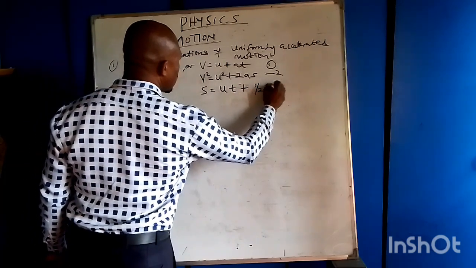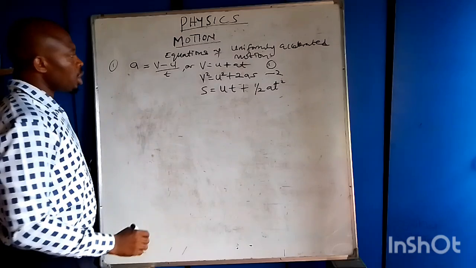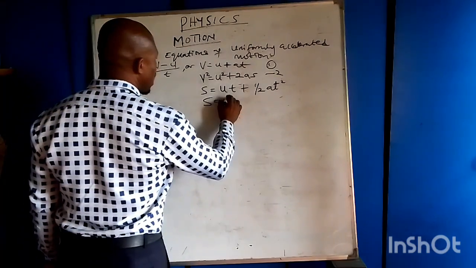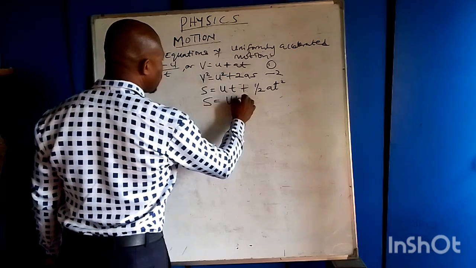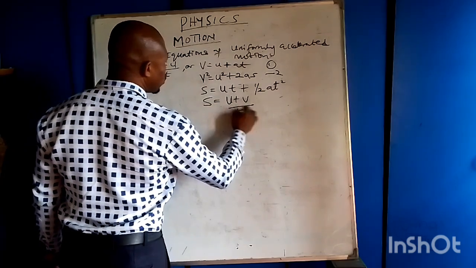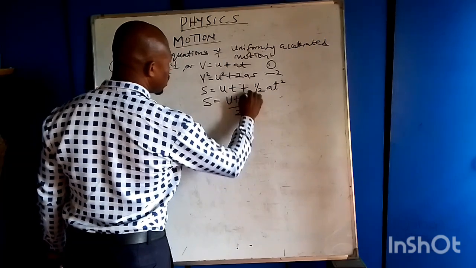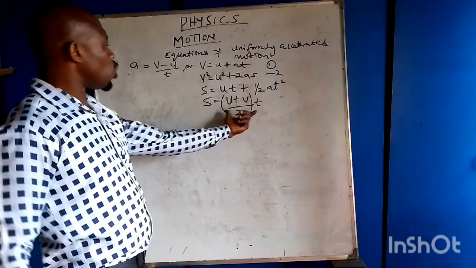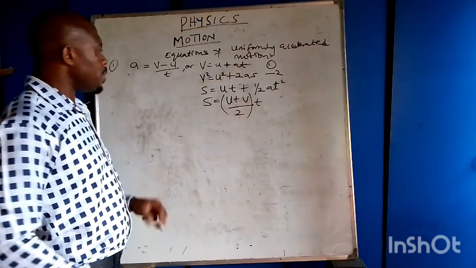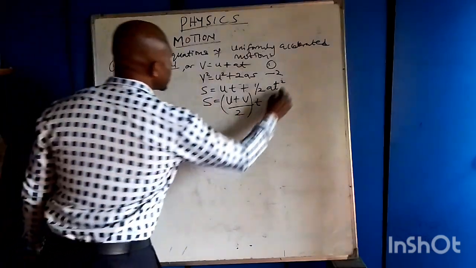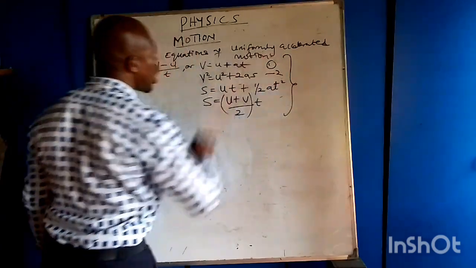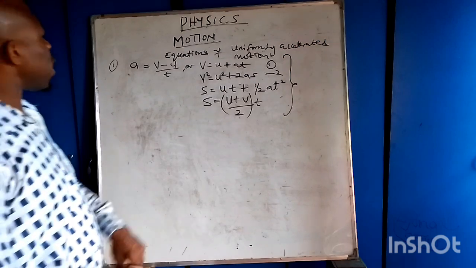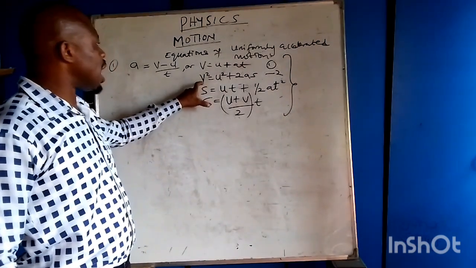We also have the one that says s is equal to average speed, which is u plus v all over 2, multiplied by time. Most times we do not make use of this one. So these are the equations of uniformly accelerated motion.